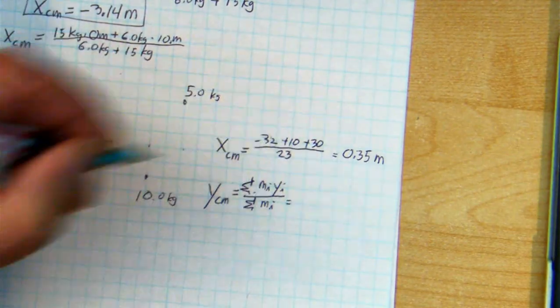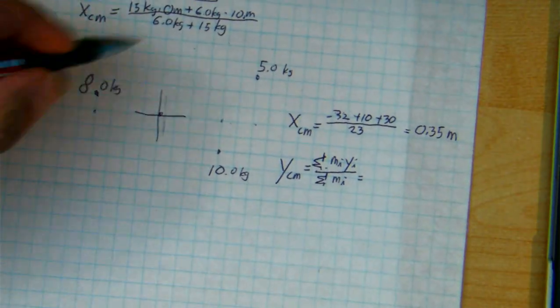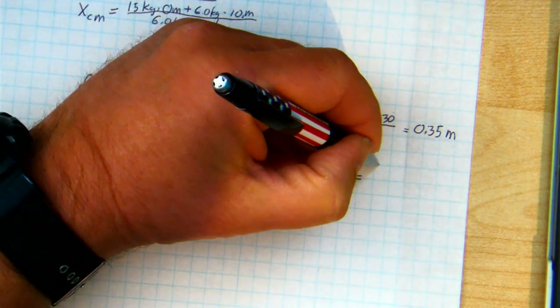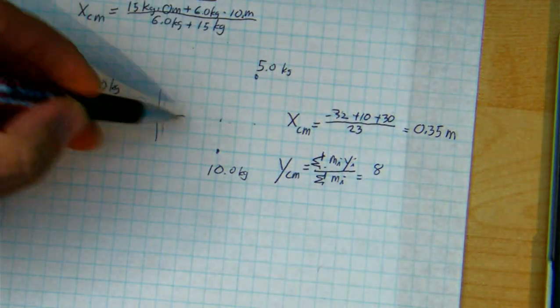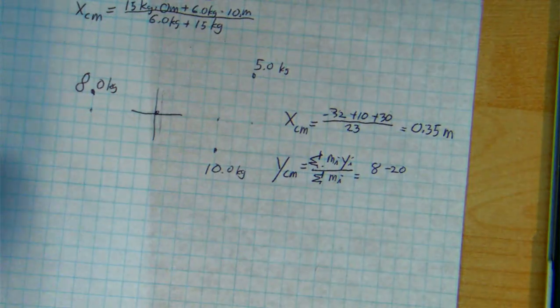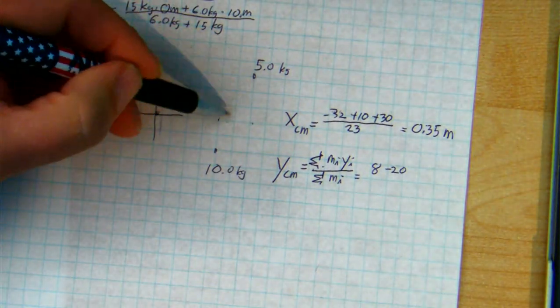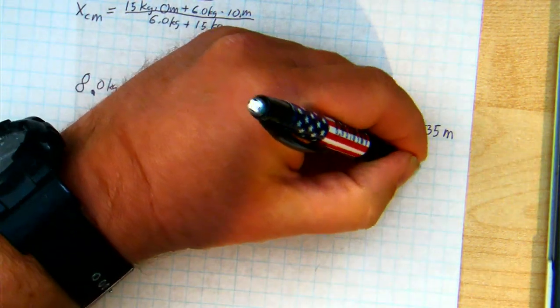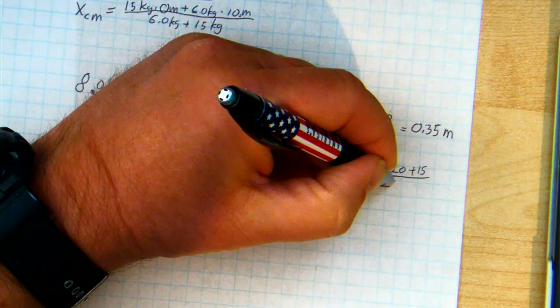So in this problem, applying it, working left to right, I have 8 times 1 meter in the y direction, so that's 8, plus 10 times negative 2, so that's minus 20, plus 5 times 1, 2, 3, which is 15. And I'm still dividing it by the same sum of 23.